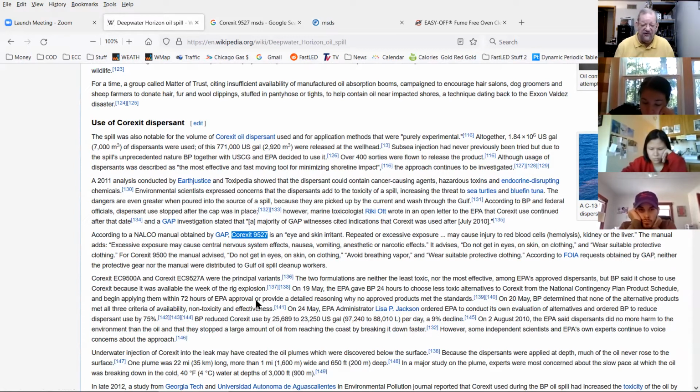Now, this is an important lesson I want to teach you that will never be on a test, but I think is useful for the rest of your life. For every chemical that's sold and used in the United States, there's what's called a material safety data sheet, created by the company making that chemical or product, and it has to be available to the public.